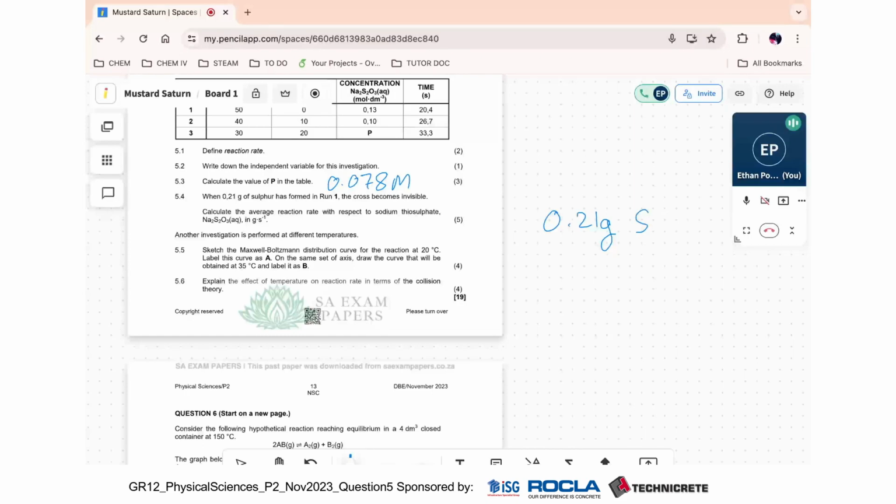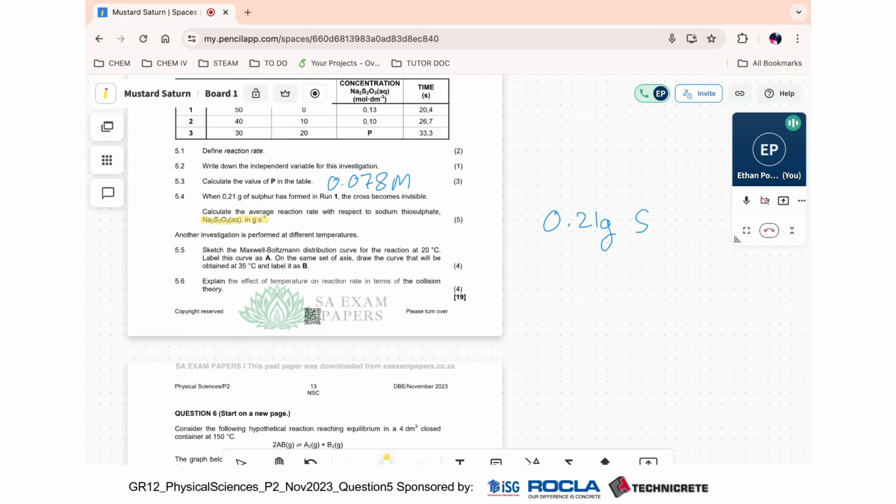Calculate the average reaction rate with respect to sodium thiosulfate. Okay, so it's telling us with respect to, we need to calculate the reaction rate with respect to our reactant, not the product, and we need to calculate it in grams per second.